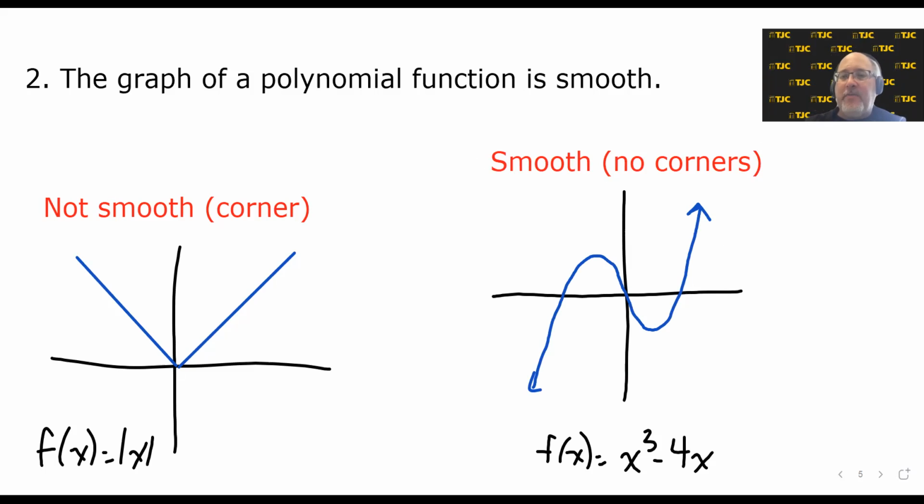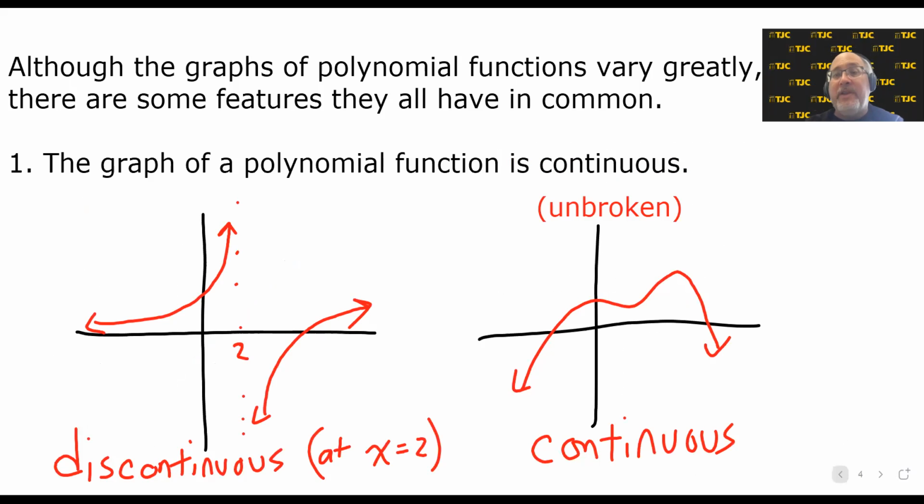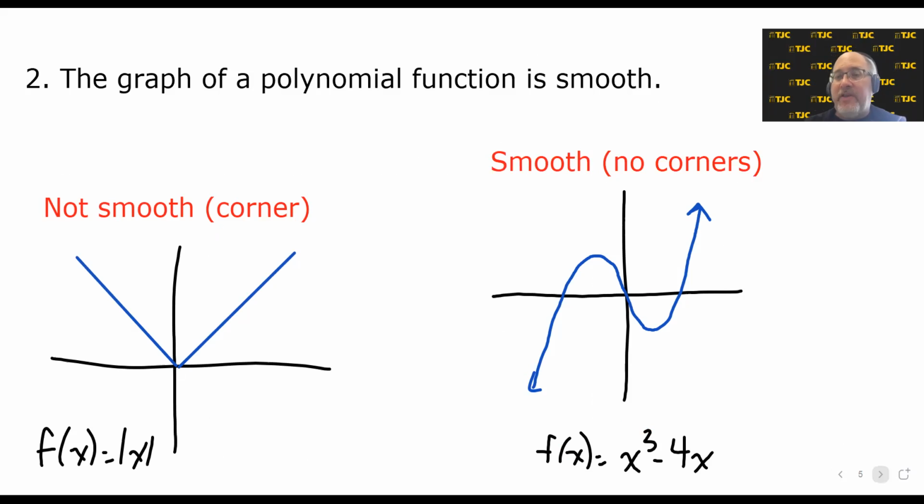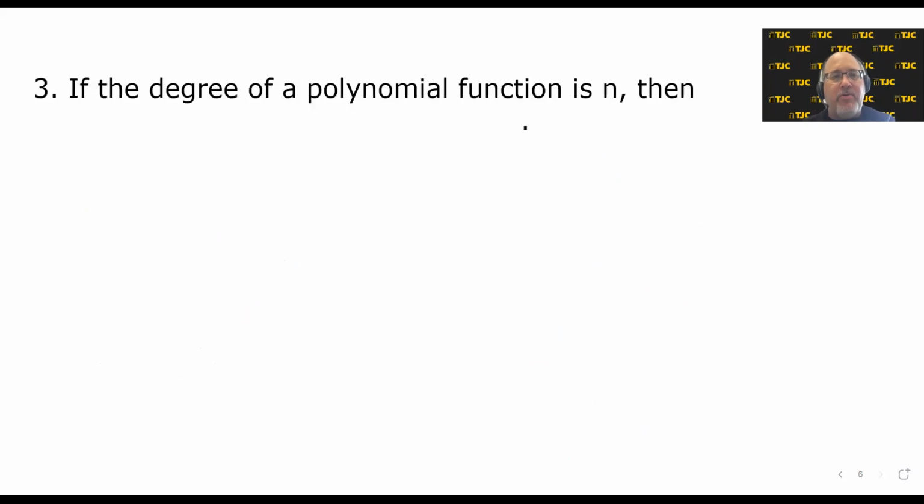All right, so graphs of polynomial functions are continuous, meaning they're not broken, and they're smooth, meaning they have no corners. And there is one more feature of polynomial function graphs I want to share with you, and it has to do with the degree. If the degree of a polynomial function is n, in other words, if the highest power is n, then, well, I want to kind of get you to see it.